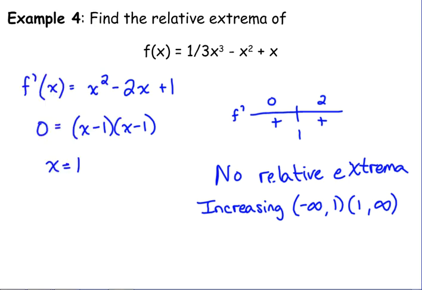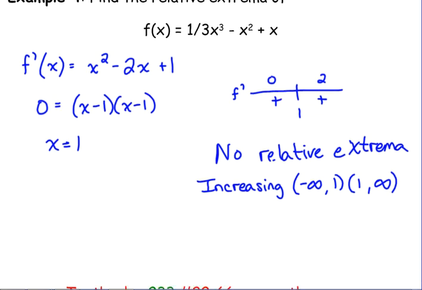Even though the derivative equals 0, even though some x value is a critical number, critical numbers do not guarantee maximums and minimums. Now, if it is a maximum or a minimum, it is a critical number. Okay, so if they tell you it's a max or a min, you do know that it is a critical number.